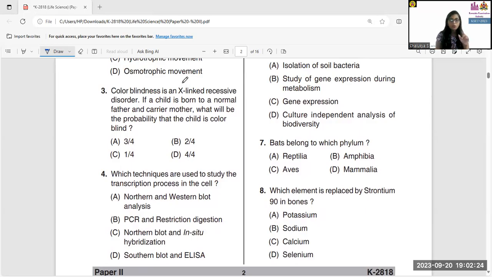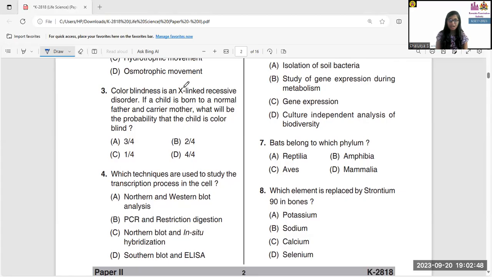There will be one question related to genetics. Color blindness is an X-linked recessive disorder. If a child is born to a normal father and a carrier mother, what will be the probability that the child is color blind? First, read the question carefully.